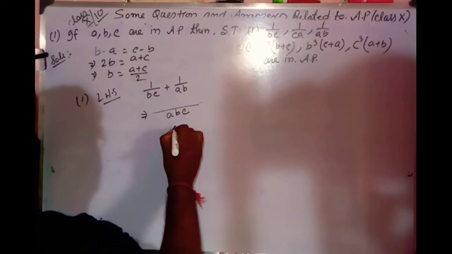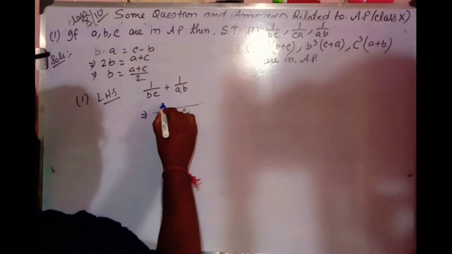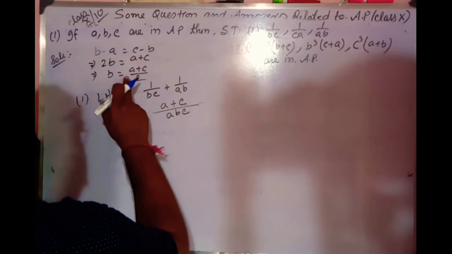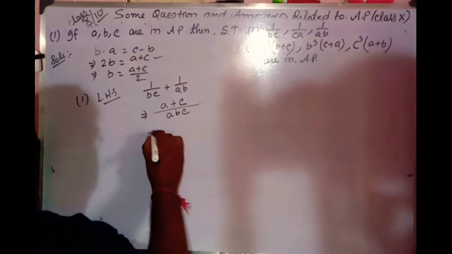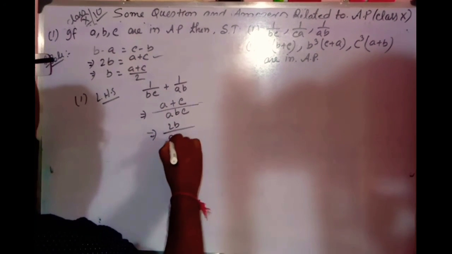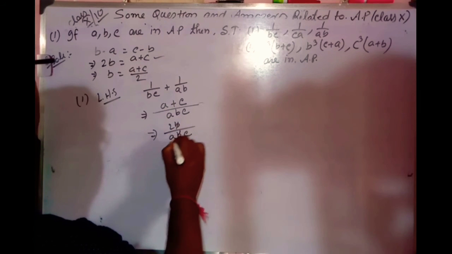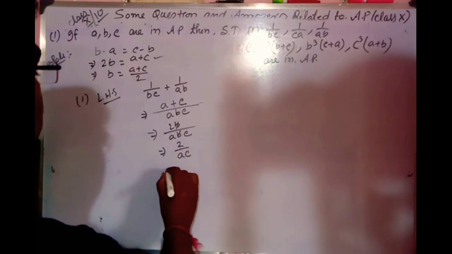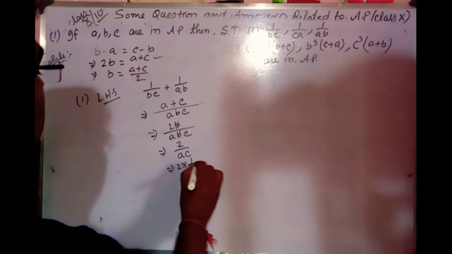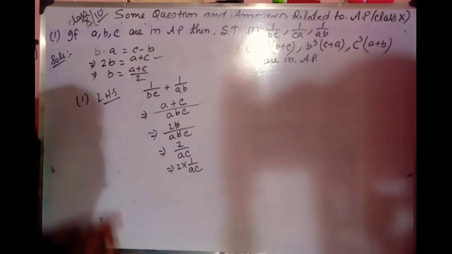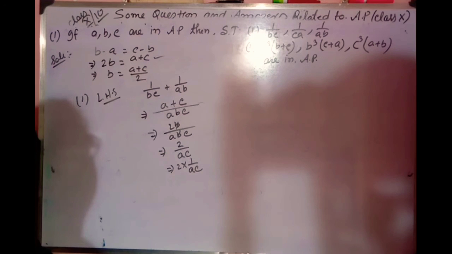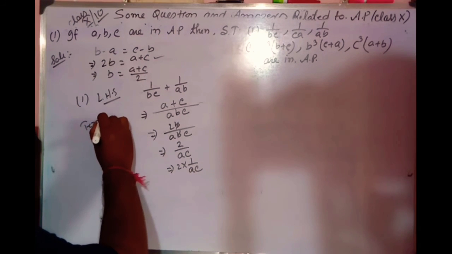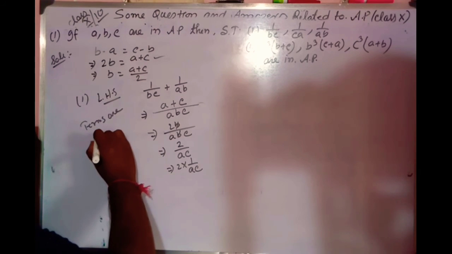So that means here A plus C. Now A plus C means 2B. 2B, ABC means 2 by AC means 2 into 1 by AC. So we can say that the terms are in AP.